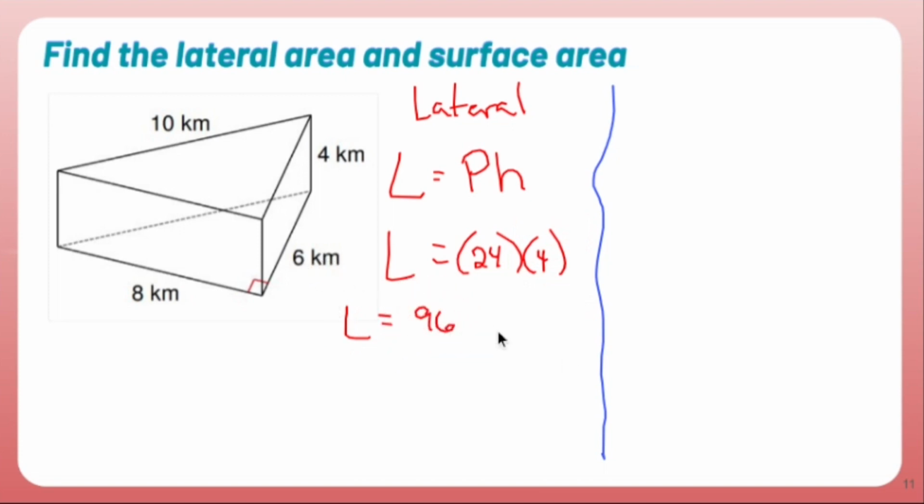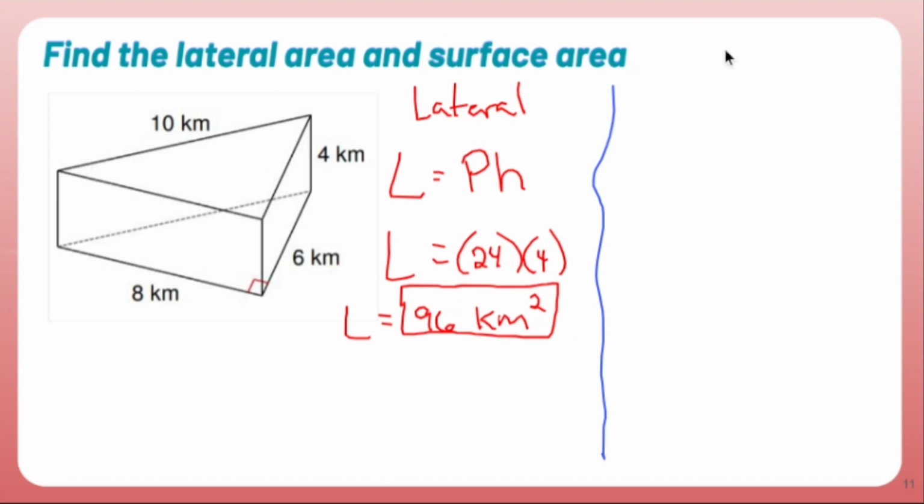Now, this is kilometers, and we're talking about area. So the lateral area is kilometers squared, because with area, you square your units. That is the lateral area. Now, what I want to do is find the total surface area of my shape here.